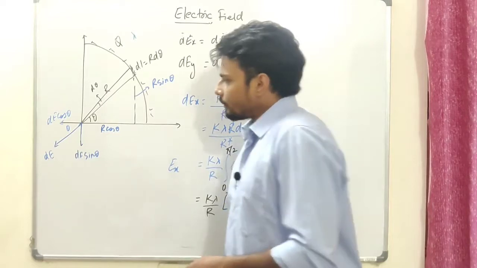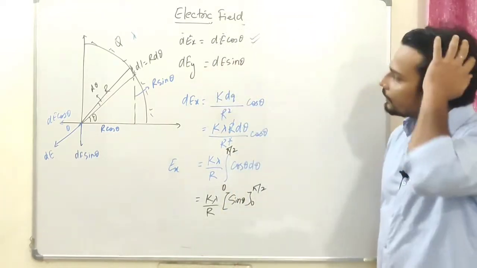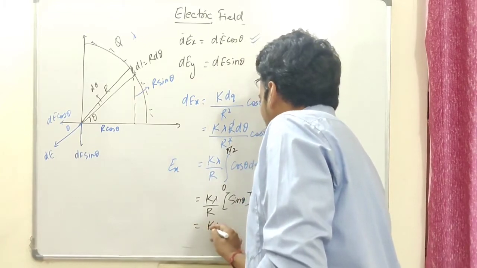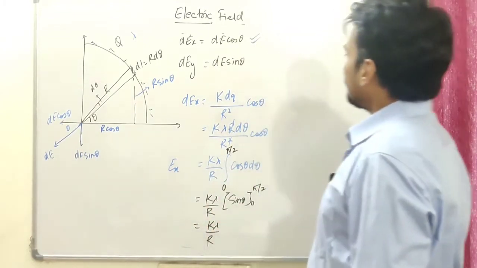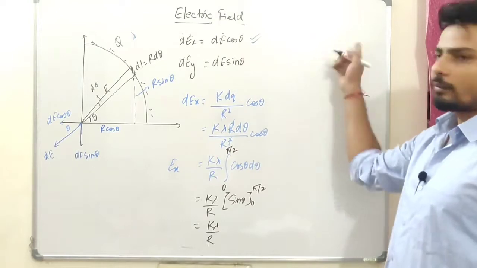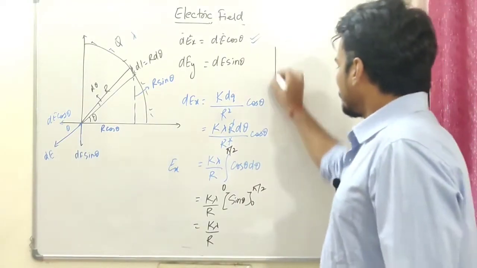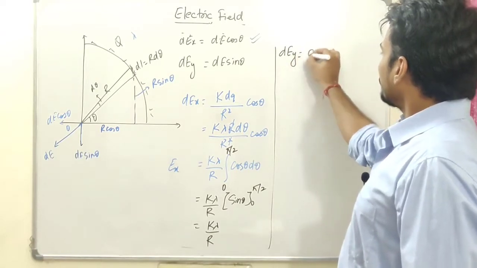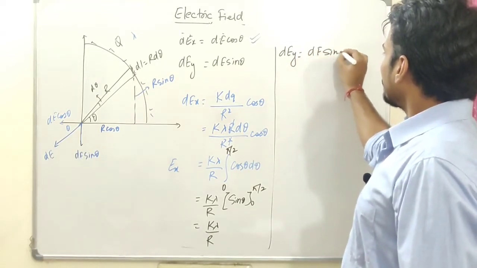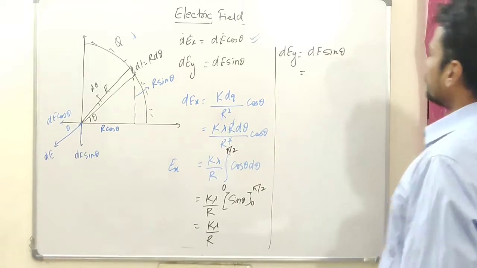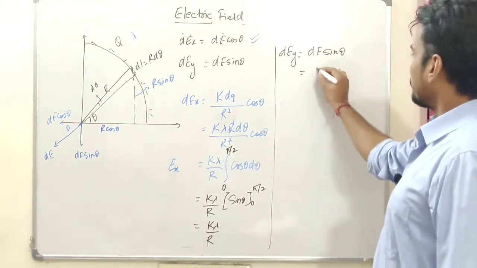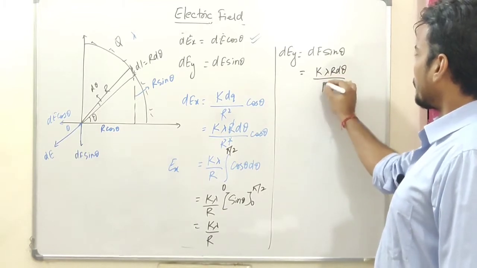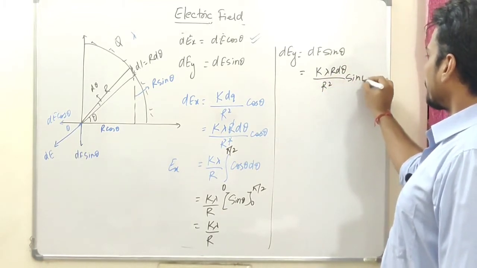Now let's talk about dEy in the y coordinate. dEy should be dE sin theta, which is k lambda r d theta over r square sin theta.